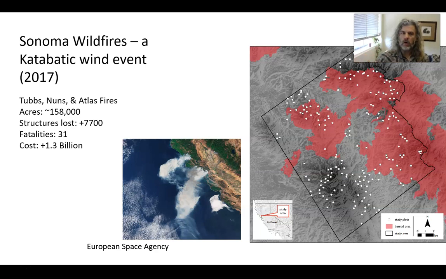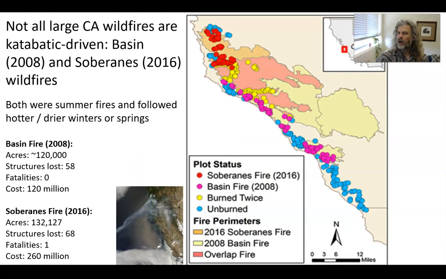I want to point out, even though these adiabatic wind events may be familiar to you living in California, not all of our damaging wildfires, not all of our worst wildfires are adiabatic wind driven. The Basin Fire and Big Sur, Soberanes fire, the massive lightning complex fires of 2020, these are not adiabatic or wind driven wildfires.